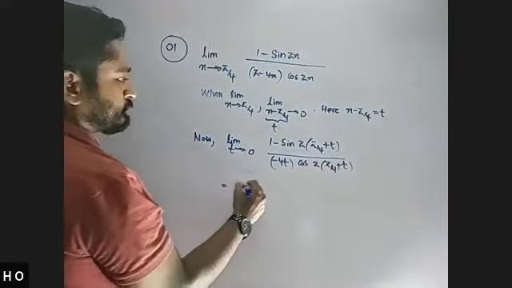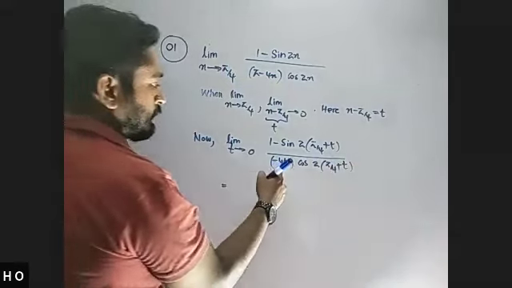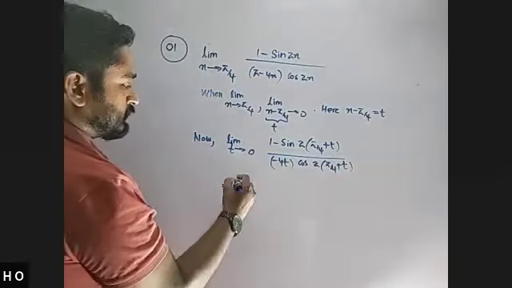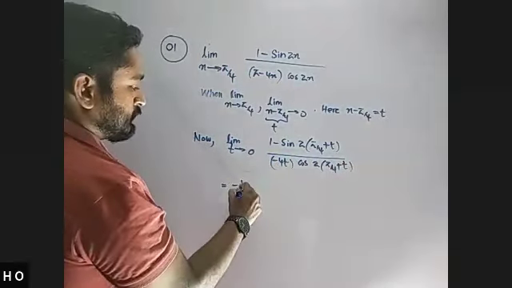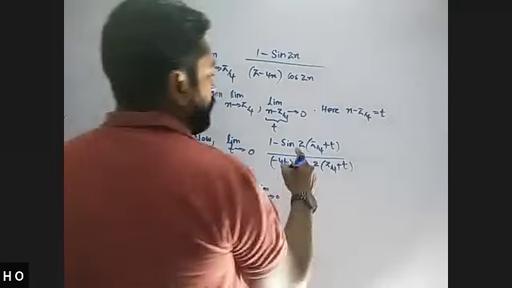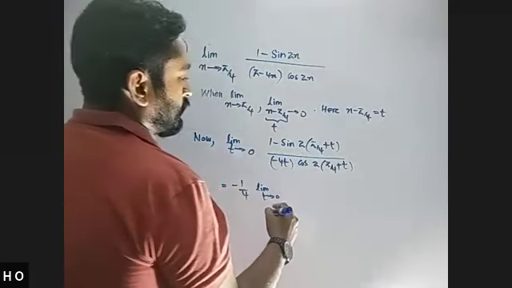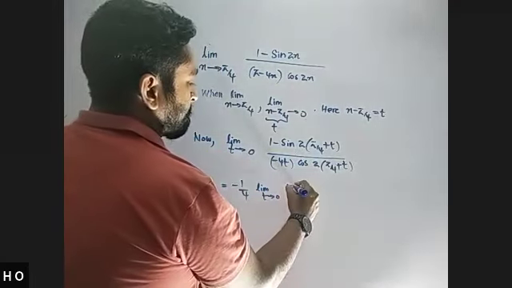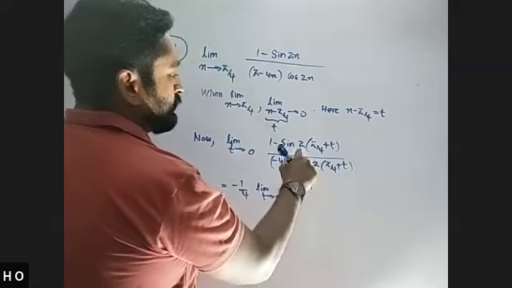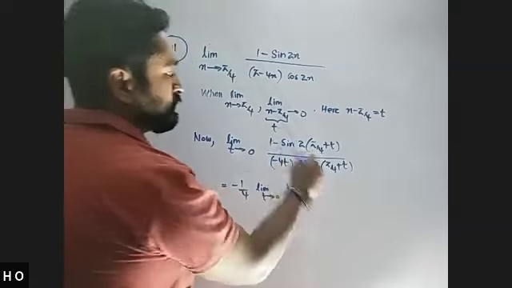Alright, next step. You can take this minus 4 out. So it is minus 1 by 4, limit t tends to 0. Here 1 minus sine 2 into 5 by 4 is 5 by 2.